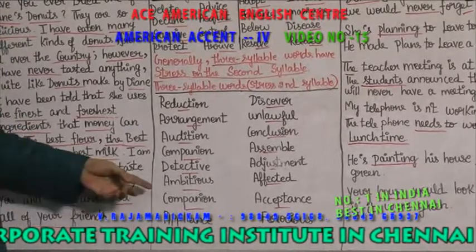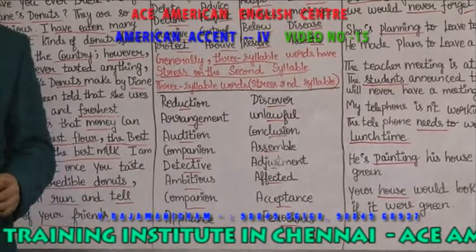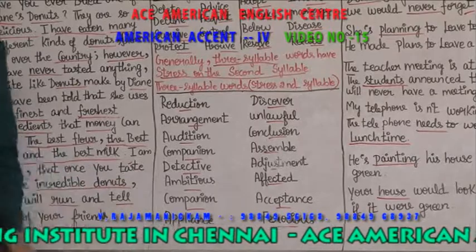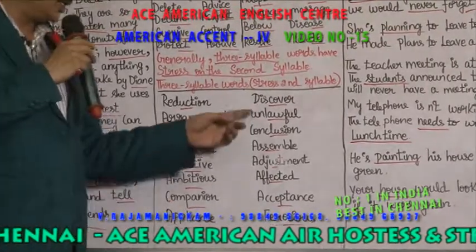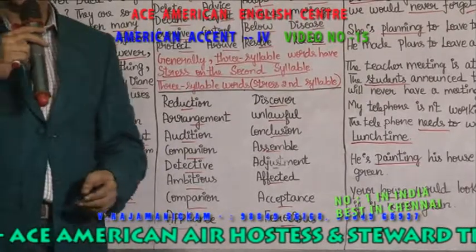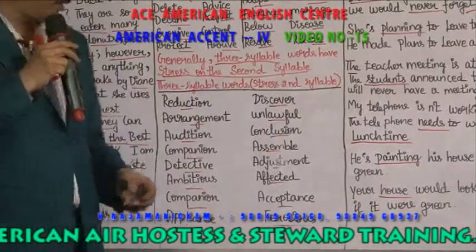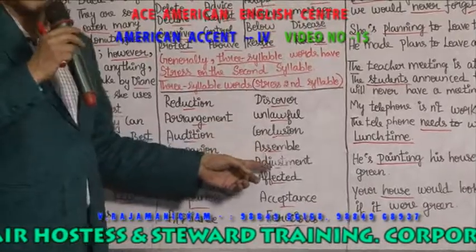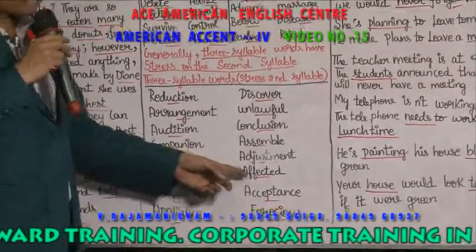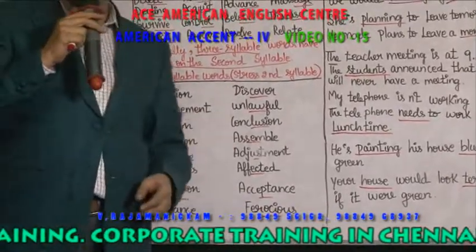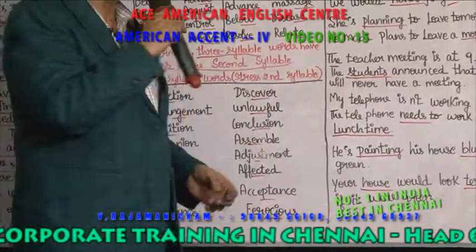Detective, டெக்டுக்கு அழுத்தம் கொடுக்குறீங்க. Ambitious, பிஷுக்கு அழுத்தம் கொடுக்குறீங்க. Appliance, discover, கவருக்கு அழுத்தம் கொடுக்குறீங்க. Unlawful, conclusion, assemble, adjustment, just க்கு ஸ்ட்ரெஸ் பண்றீங்க. Affected, acceptance, ferocious, arose, அழுத்தம் கொடுக்குறீங்க.